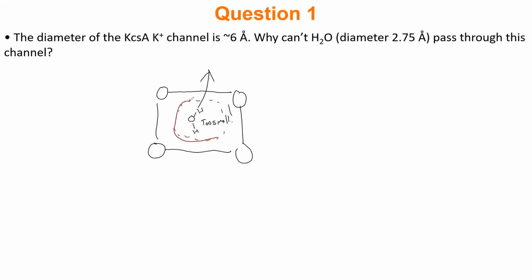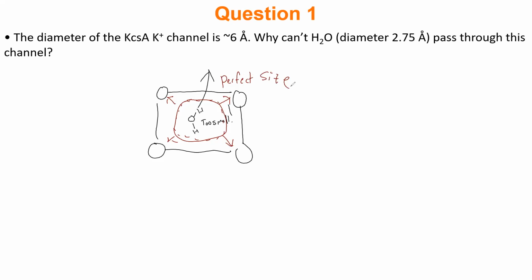But if we're talking about potassium, which is something like that, and it would be surrounded by water molecules at this point, potassium being solvated would be the perfect size to interact with all these oxygens. So really, these channels are more or less a story of Goldilocks, right?